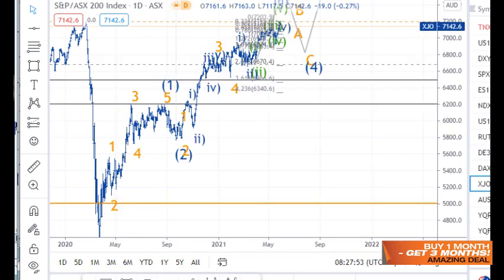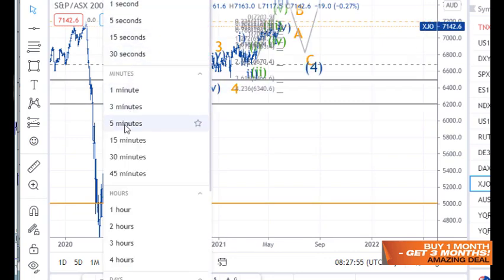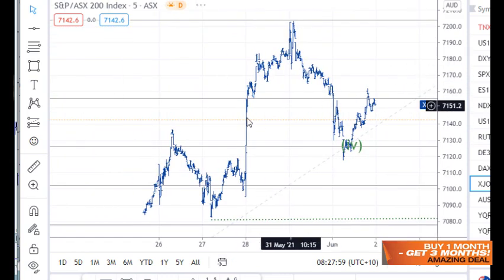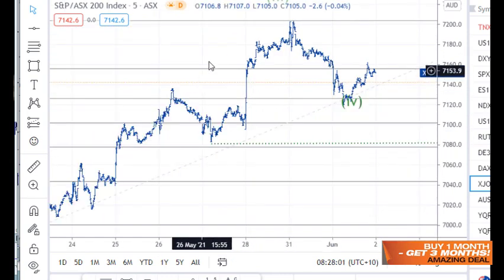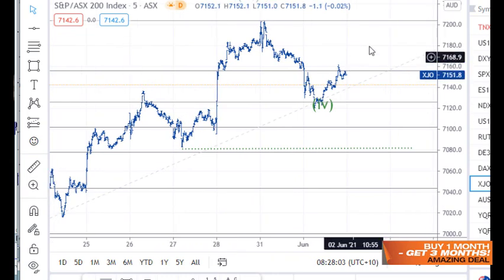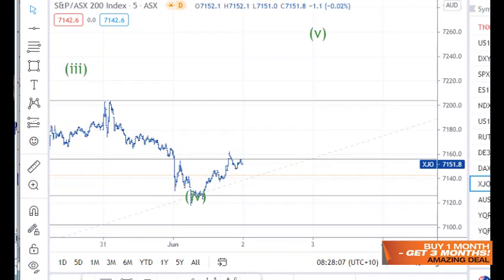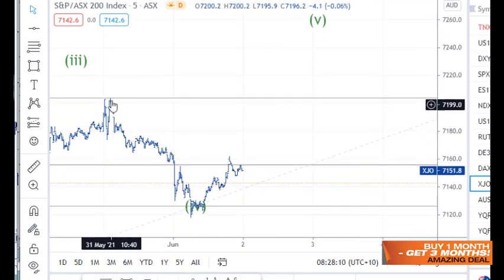XJO. Yes, sort of splitting hairs here again on that one.